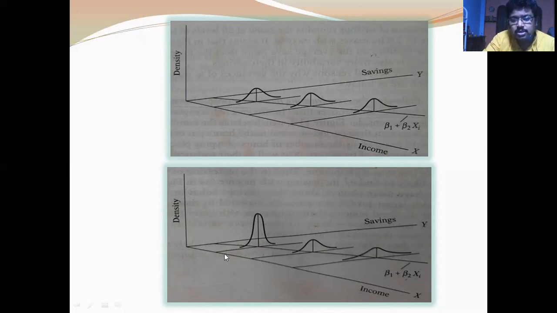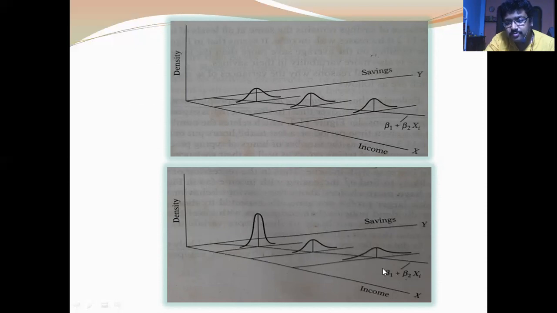Then you can find that at x1 the variance in y due to the disturbance term is not the same as the variance in y at x2 income, and at x3 income the variance is not the same as at x2 and x1 income.